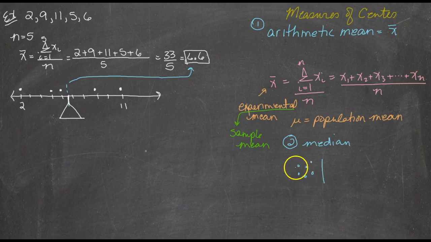So I have 6 values that are smaller than whatever the median is, and 6 values that are bigger. We don't care what they are, we just care that all of the values on the right-hand side are bigger than this median number, all the values on the left-hand side are smaller, and the set is divided exactly in half.